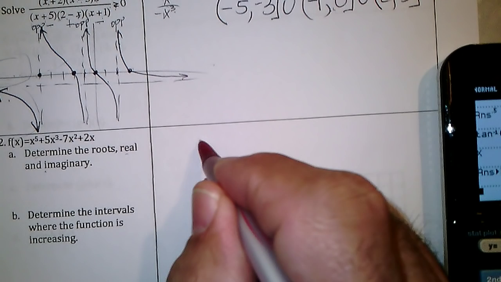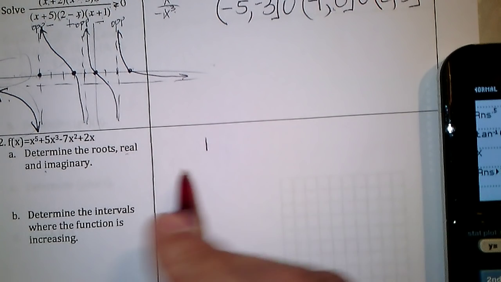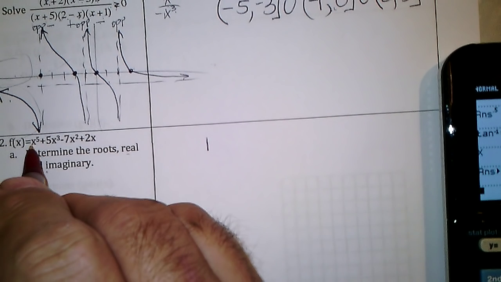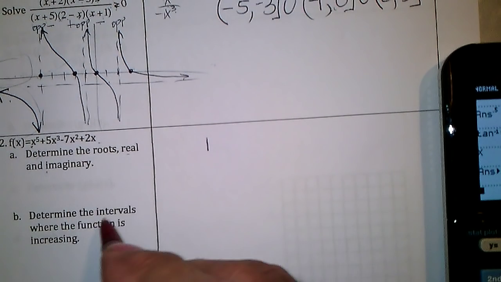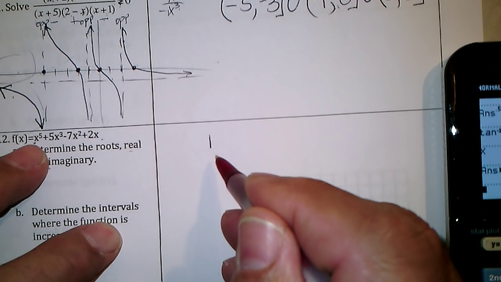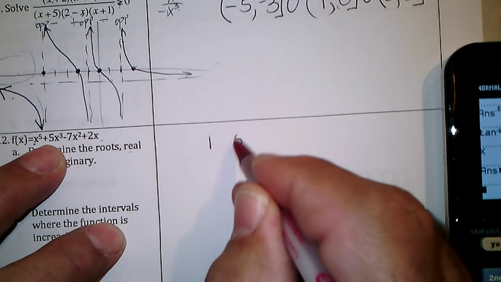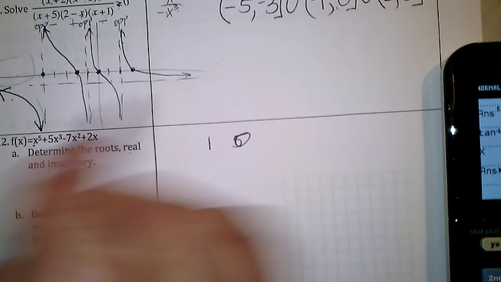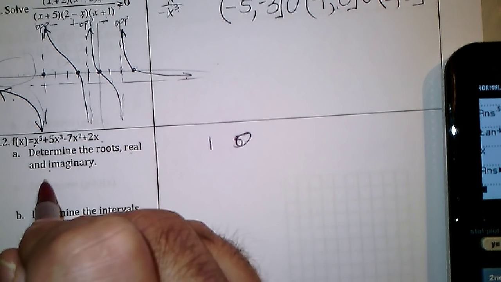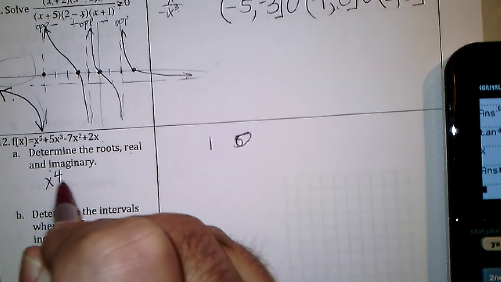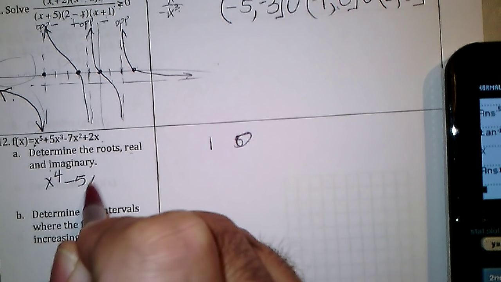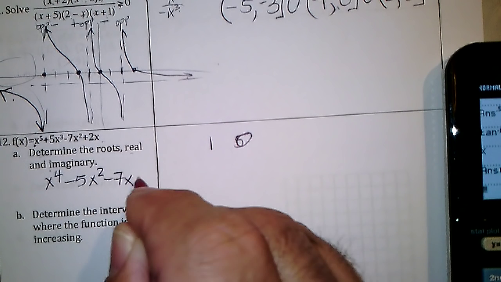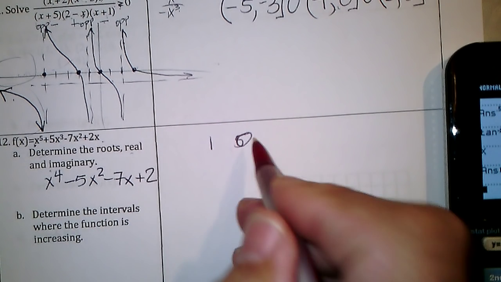So we've got synthetic division with an ugly decimal. Let's take out an x, because we know that's 1. So 1x to the 4th, 5x to the, 0. If I take out an x, I get x to the 4th minus 5x squared minus 7x plus 2.